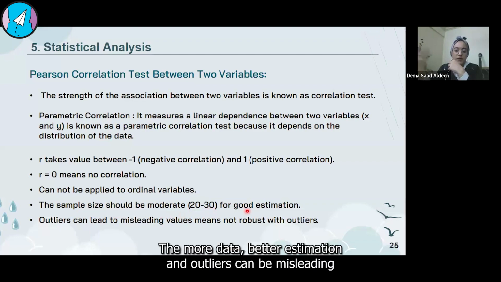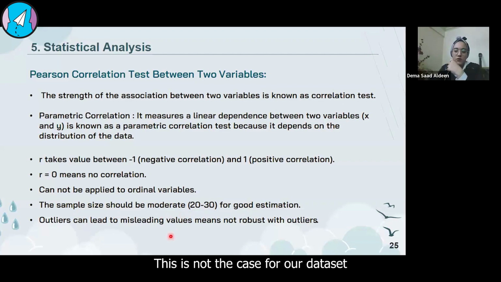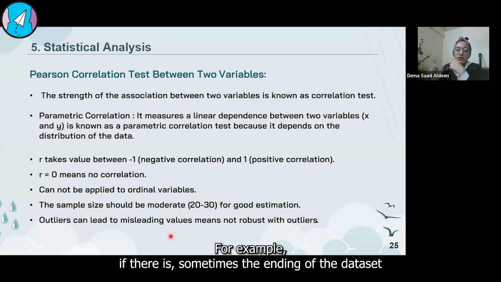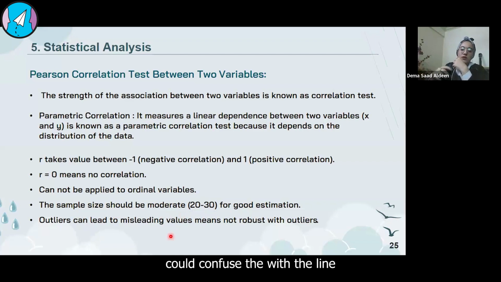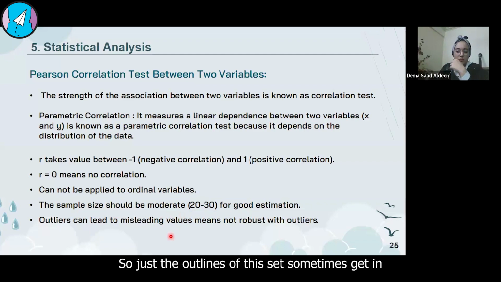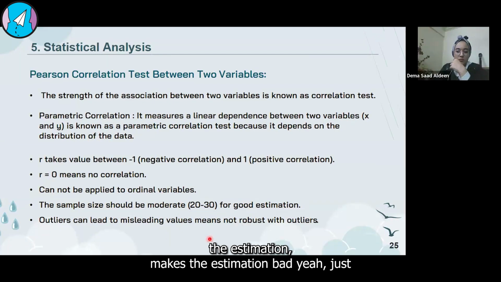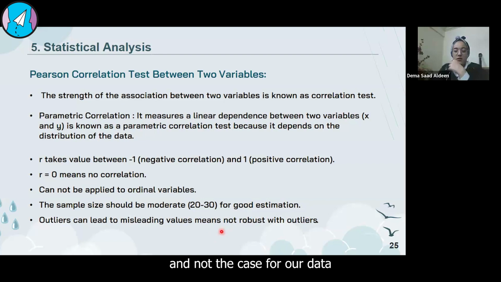The more data, the better the estimation. Outliers can be misleading, which is not the case for our dataset. Sometimes the outliers of the dataset make the estimation bad. Yeah, and that's not the case for our data.